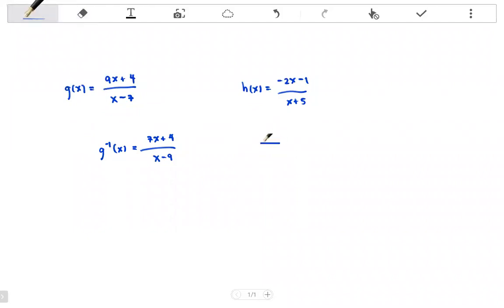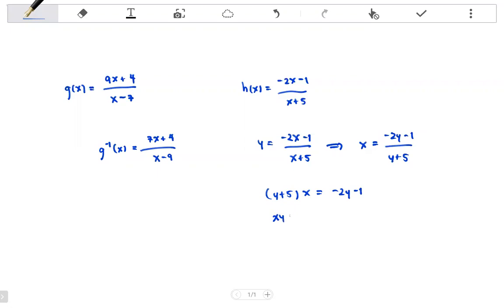This is the first step. We change the x and the y's, right? So we can rewrite that as negative 2y minus 1, times y plus 5. Multiply the y plus 5. And we want to isolate the y.